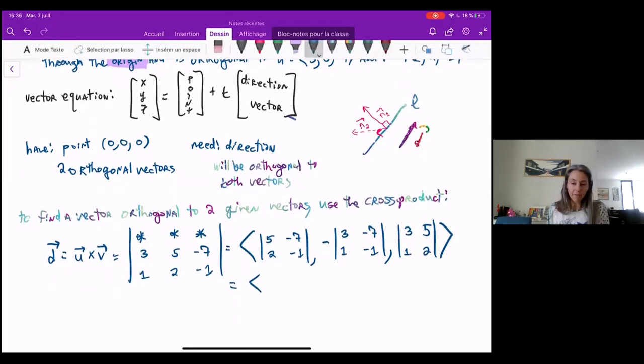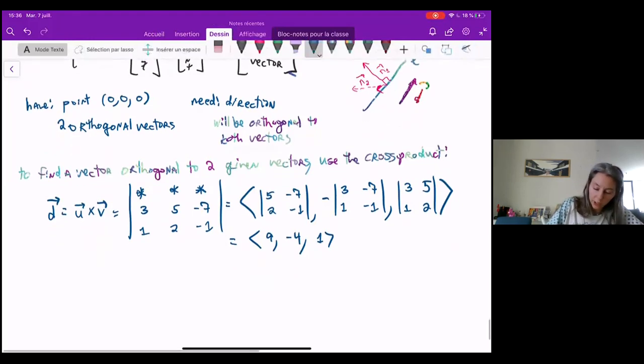So I have -5 plus 14, which gives me 9. -3 plus 7 times -1 gives me -4. And then 6 minus 5 gives me a 1. So that's my direction vector. My point is still 0, 0, 0.